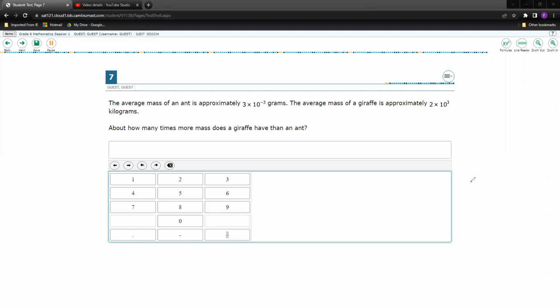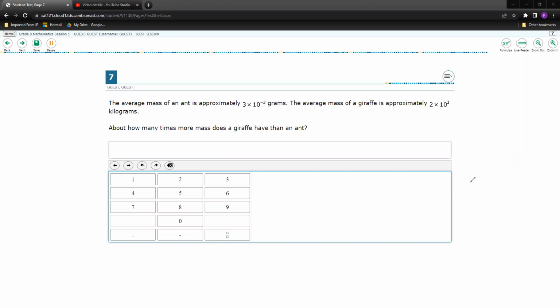Okay, continuing here with question 7. We have a comparison about how many times more mass a giraffe has than an ant. So this is a division problem, as we are being asked how many times.